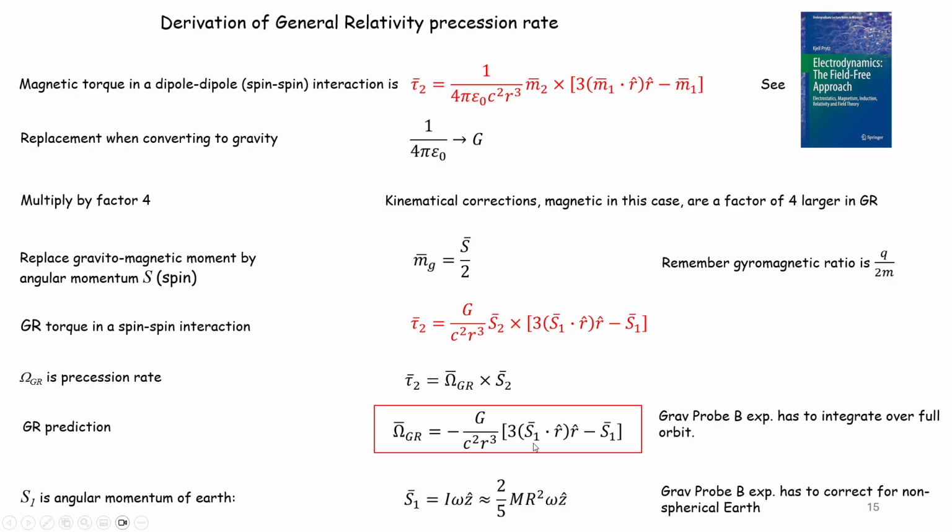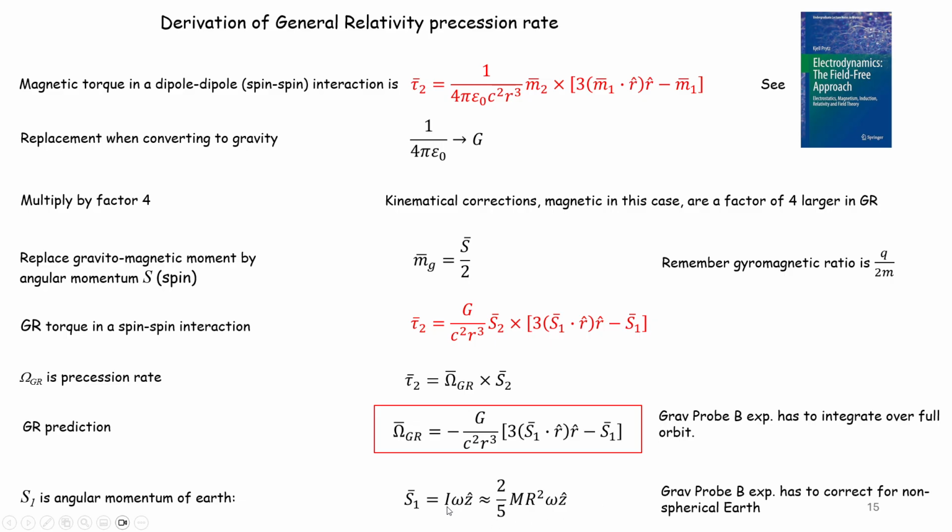And so the distance vector, mainly the direction between the distance vector and the Earth's spin vector, changes with position. So one has to integrate this formula over a full orbit. Also, if Earth had been exactly spherical, then this is the expression for the spin vector.